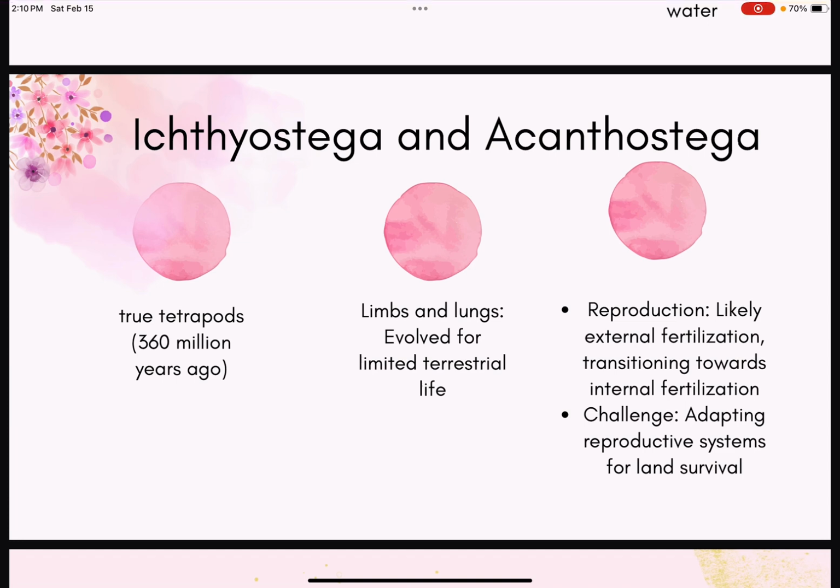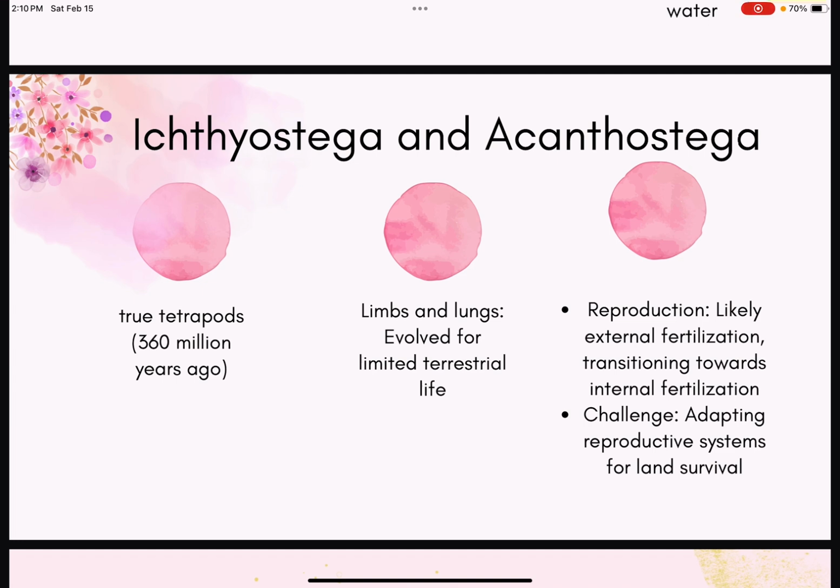However, they would have been subjected to the same evolutionary pressure, pushing for more efficient reproductive strategies such as internal fertilization, so that the development of eggs could survive on land. Internal fertilization was better for them in order to survive on land. The pressure to protect the eggs from desiccation would drive the evolution of more sophisticated reproductive mechanisms.